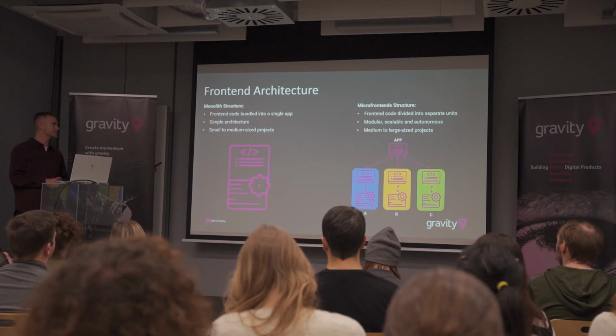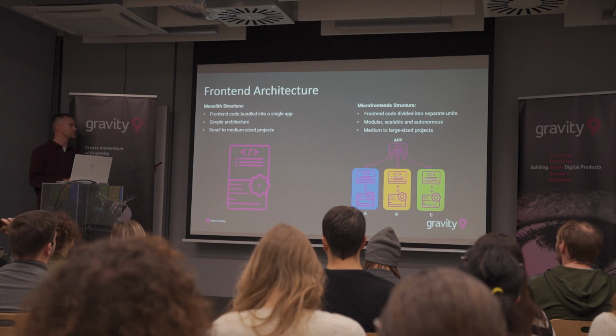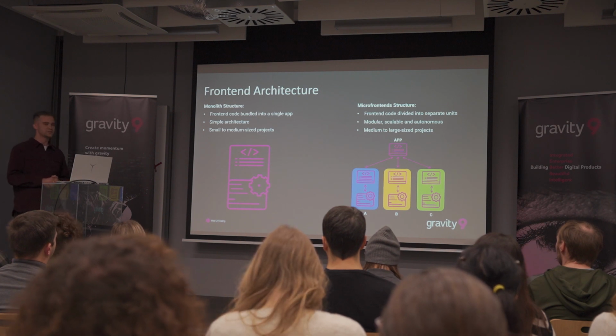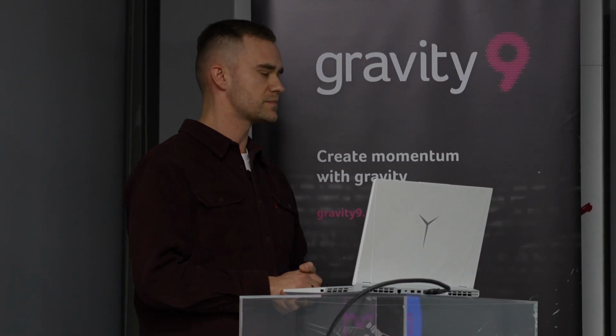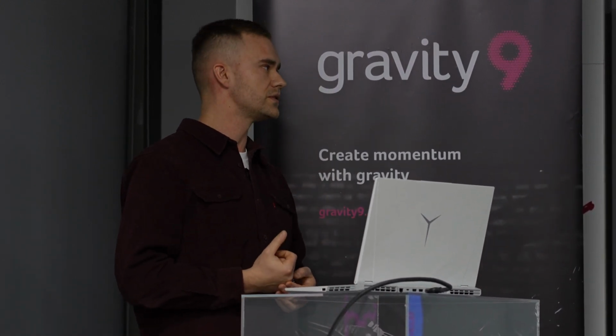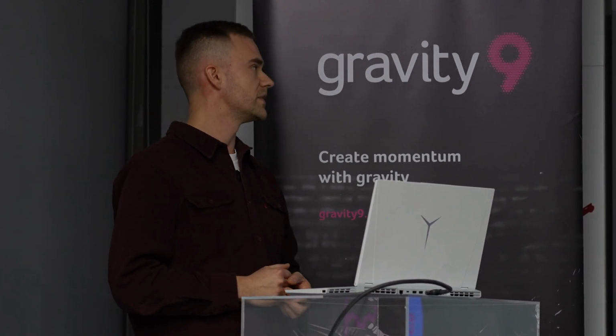Actually, testing a new feature between those two structures is pretty much the same. It doesn't really differ, because I think it's pretty straightforward if you are testing something new. However, it might be quite different if you are going to test the regression. I believe that testing regression in a monolith structure is a pretty simple thing.